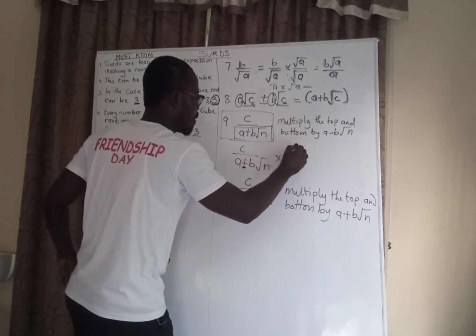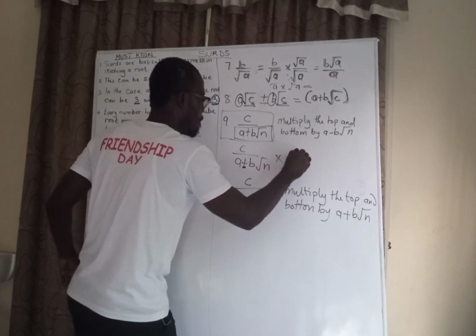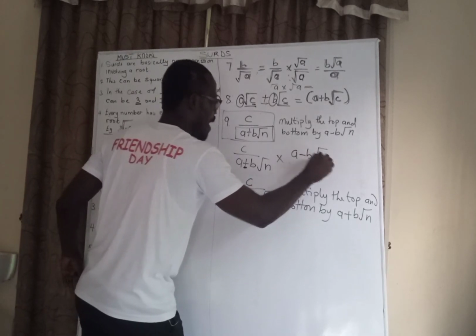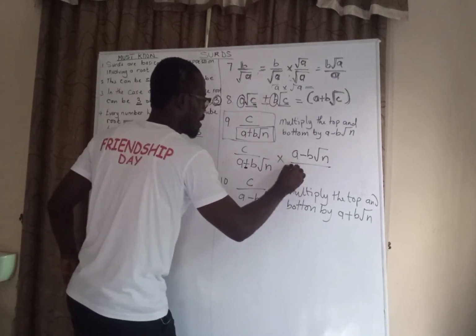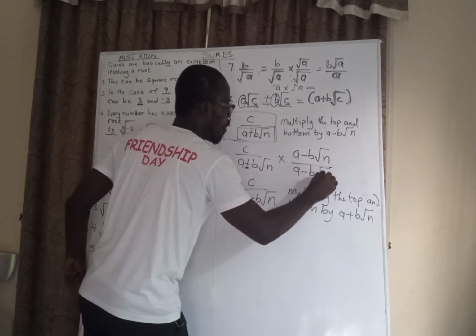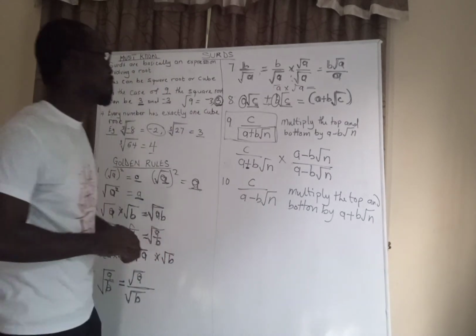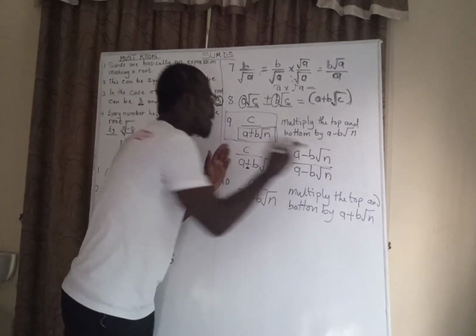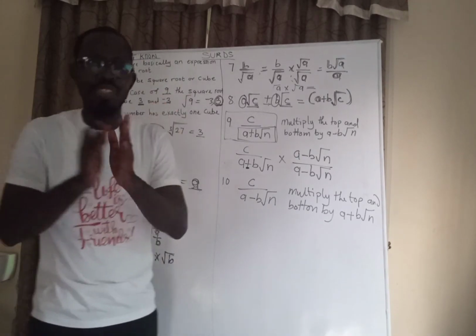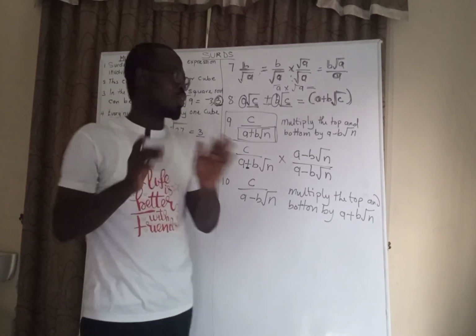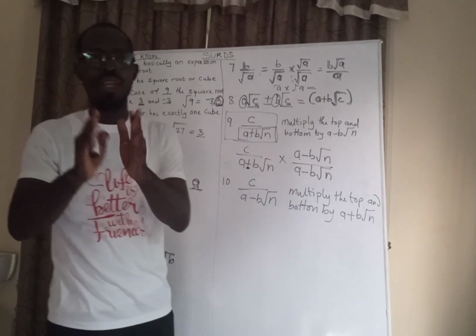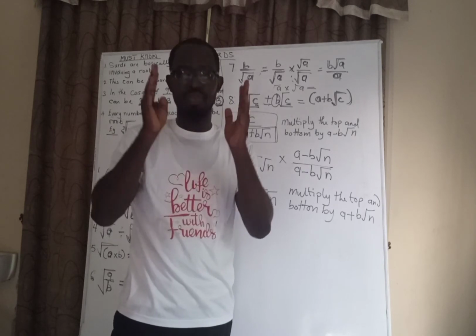So you say a minus b, the square root of n, all over a minus b, the square root of n. Good. If you are able to write it in this expression, that is the first step. That is what the golden rule is talking about. If you get this written, then you are on your way to getting the answer right.